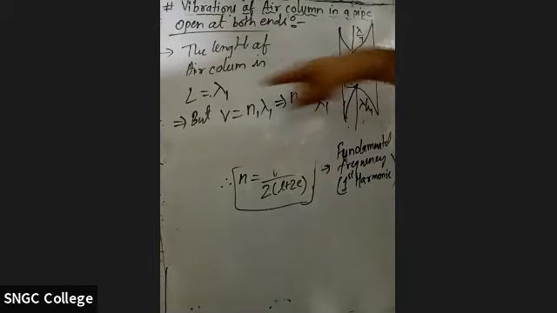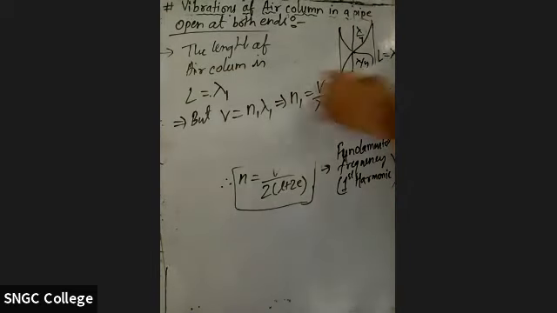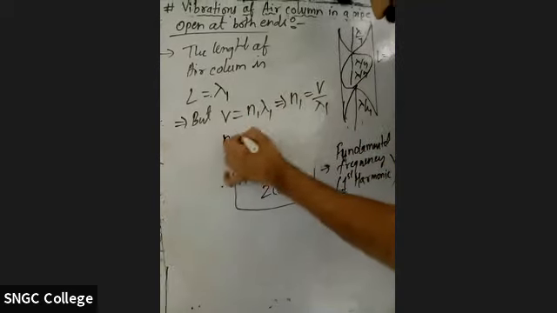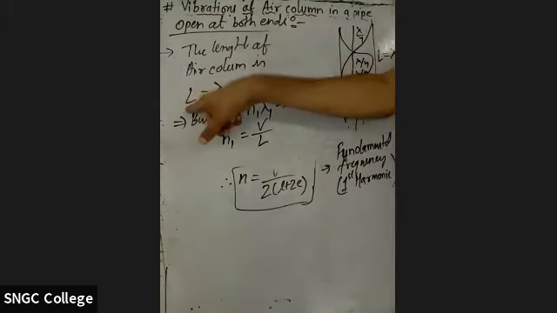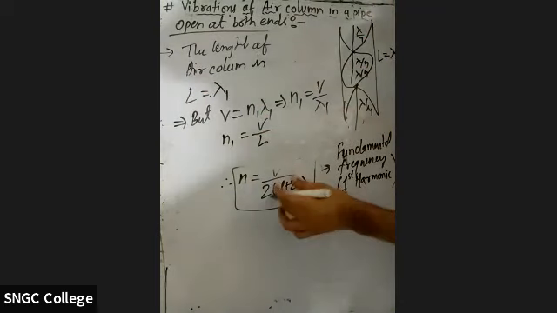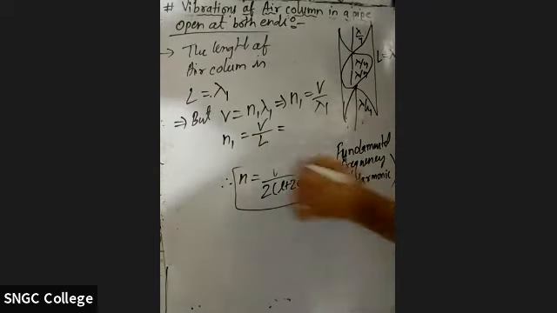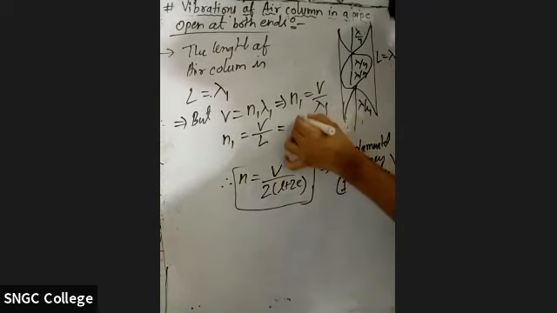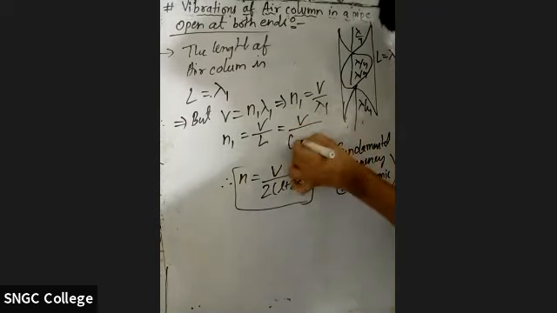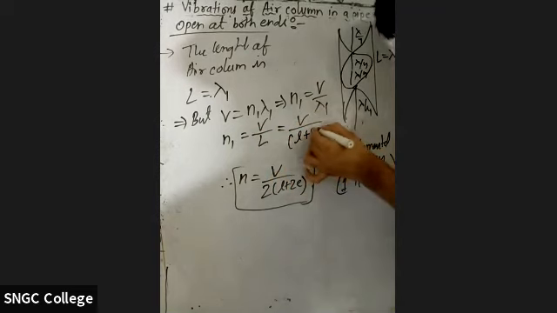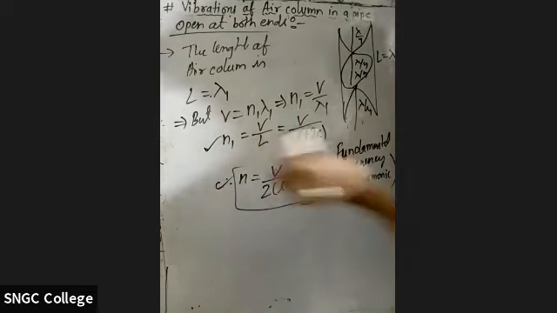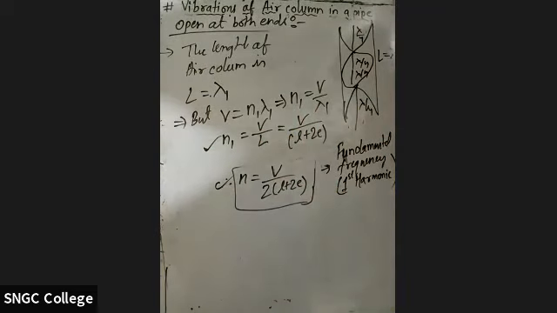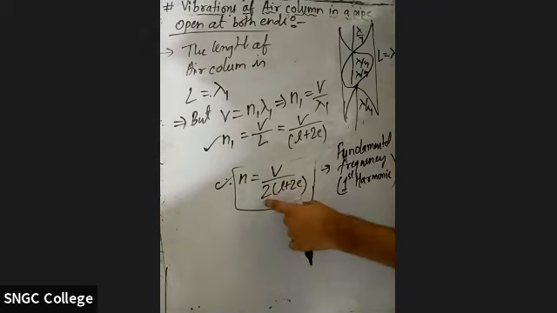Now if you substitute the value of lambda 1 over here, you will find n1 equal to V upon L, क्योंकि lambda 1 is equal to L. और L का जो फॉर्मूला है, that formula is L plus 2e. Okay. So if we compare n1 and n, दोनों में ध्यान से देखोगे तो क्या फर्क है? इसके डिवाइड में कितना है? 2 times.